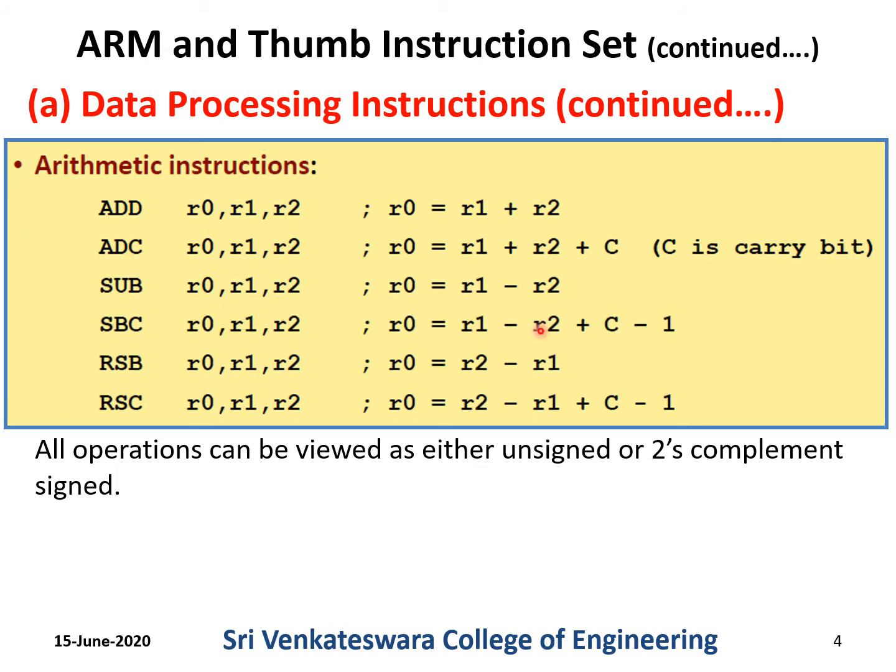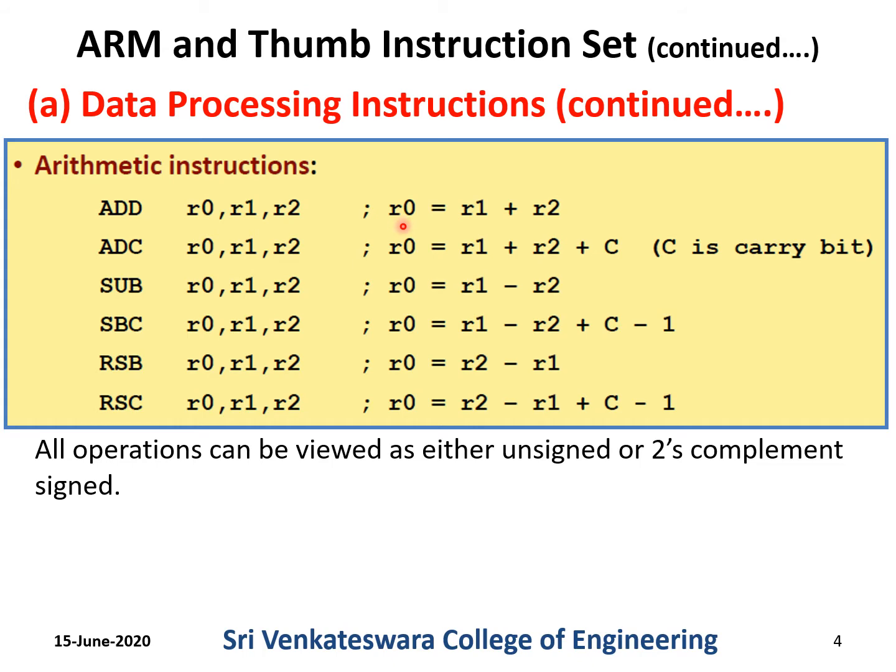Some arithmetic instructions are listed here. ADD R0, R1, R2. So 3 operands are specified in the instruction. R0 is the destination register. R1 and R2 are the source registers.